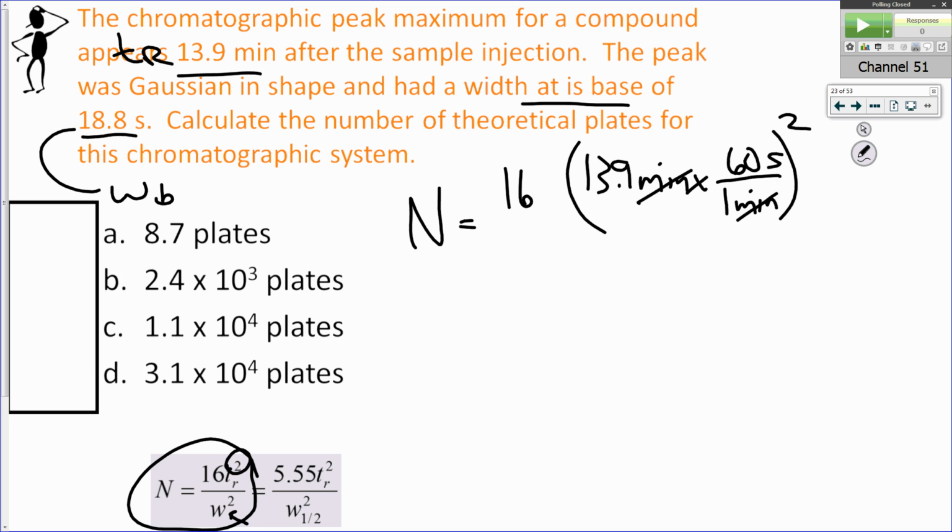Then just divide it by the peak width in seconds, 18.8 seconds wide, and remember, it's squared too. So I put those two things together, and I can calculate the number of theoretical plates. And I got 31,500.